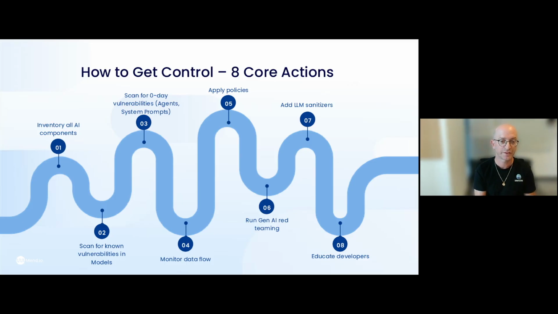Running generative AI red teaming is the next step. Basically, red teaming is the dynamic testing of conversational AI applications to make sure that they are not exposed to the various vulnerabilities that I mentioned earlier and more. So to make sure they're not vulnerable to prompt injection, jailbreak, hallucination, fake news, foul language, and many more.